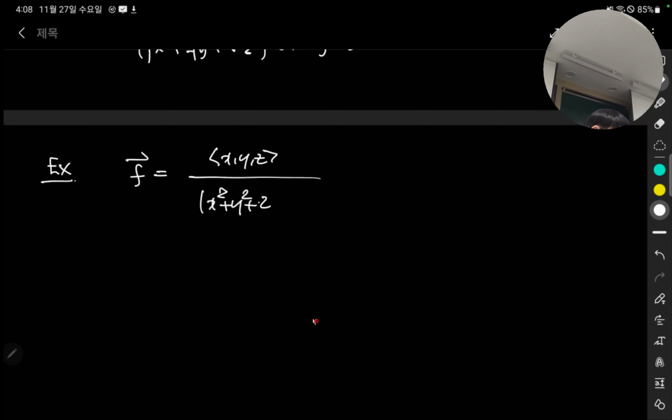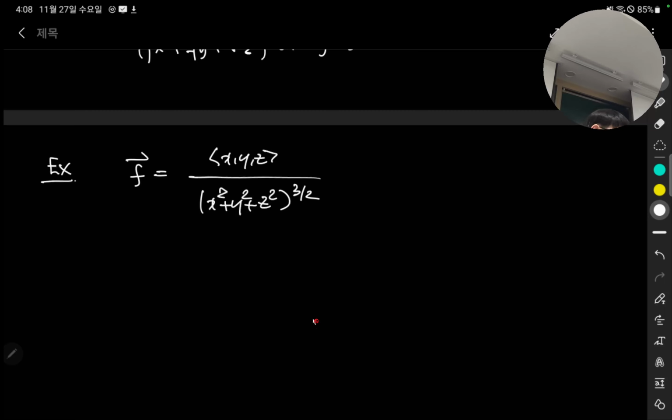Okay, well let me give you one more example of a divergence theorem here, and then call it here. So let's take a vector field, the same vector field I gave you as an example for the line integration. So here we have this vector field.